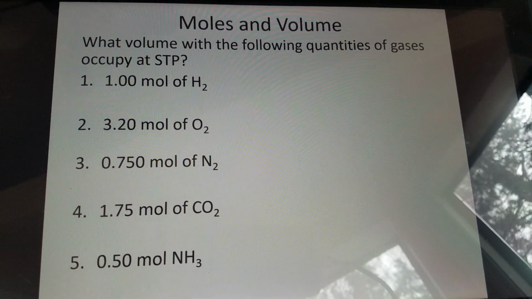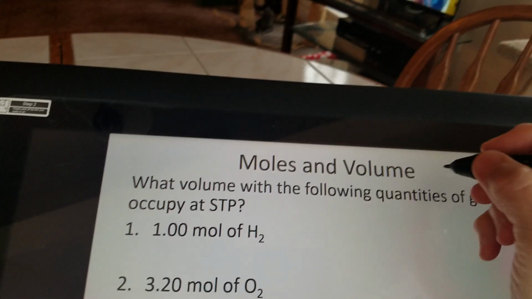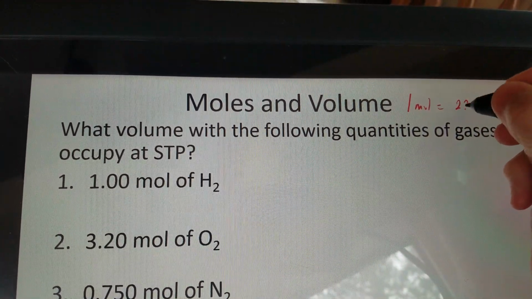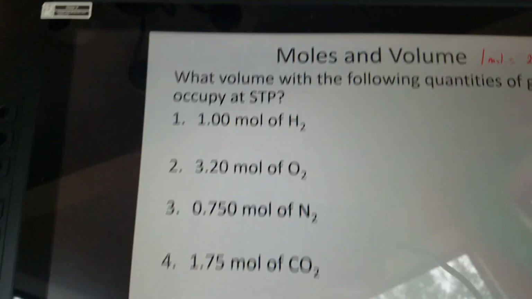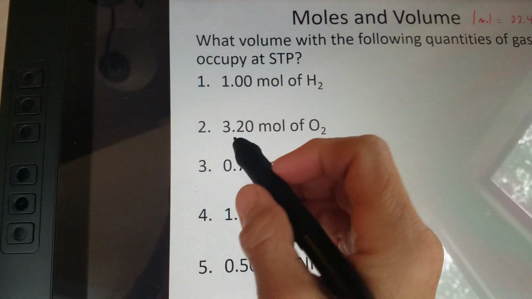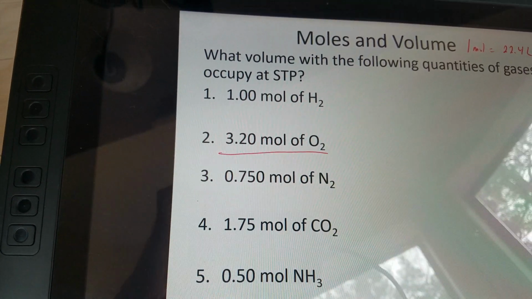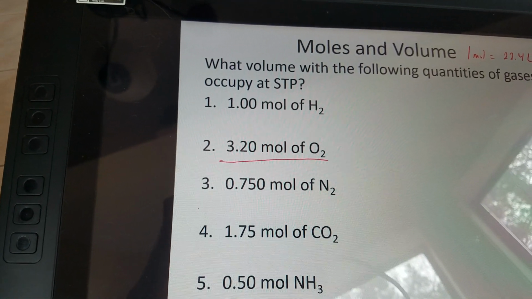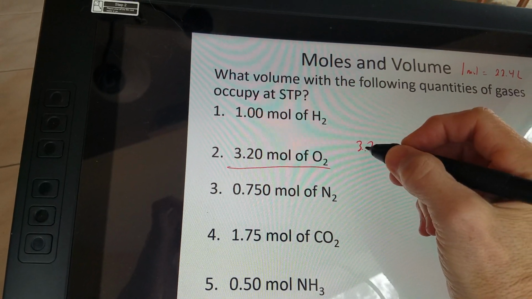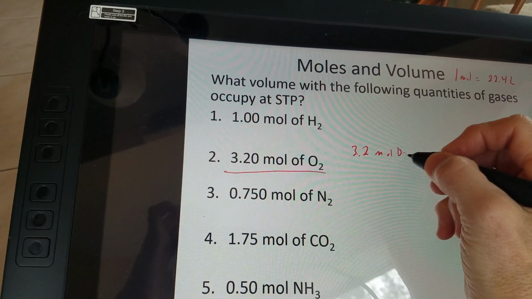If we do moles and volume, remember this one, we have a conversion factor of 1 mole is equivalent to 22.4 liters. We're assuming we're at standard temperature and pressure. So we're just going to do one of these real quick. On this one, if we do our moles of oxygen, we have our 3.2 moles of oxygen.